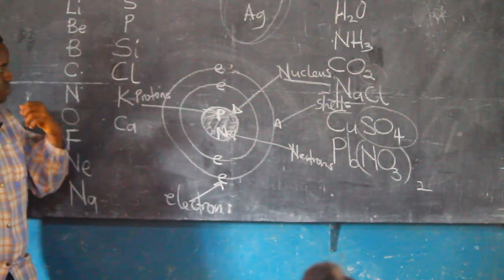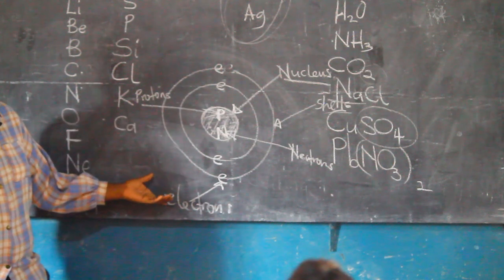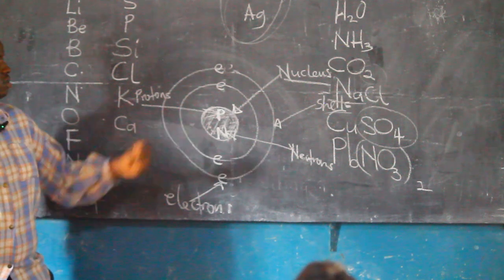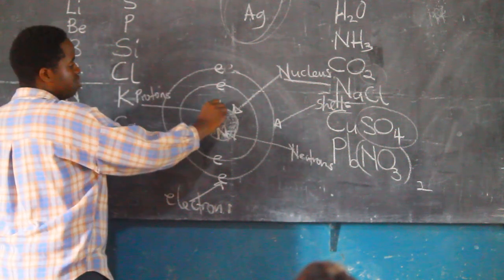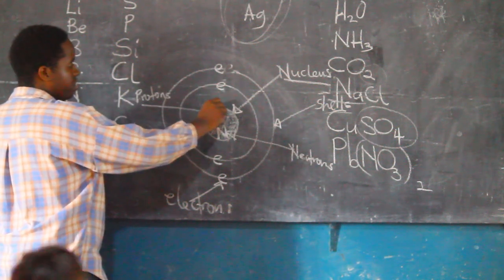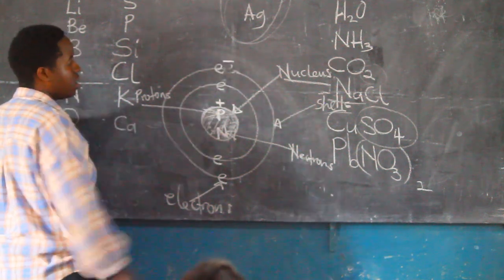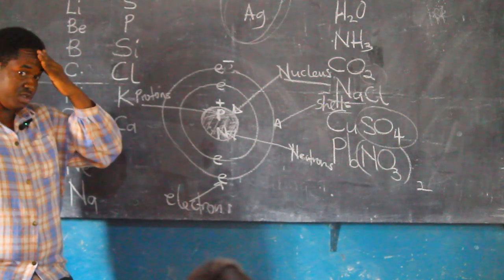Now here's the catch. Let's say these are the 5 major components of an atom. Protons are known to be positively charged. These ones have a positive charge. Electrons have a negative charge.